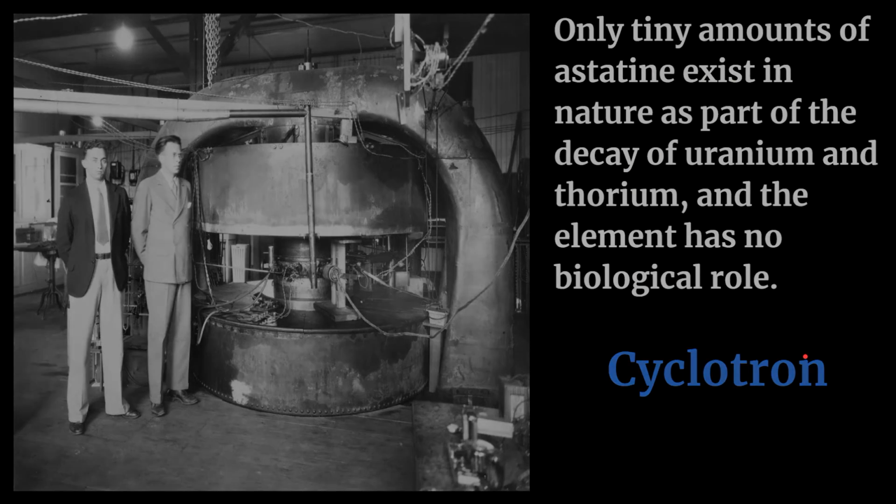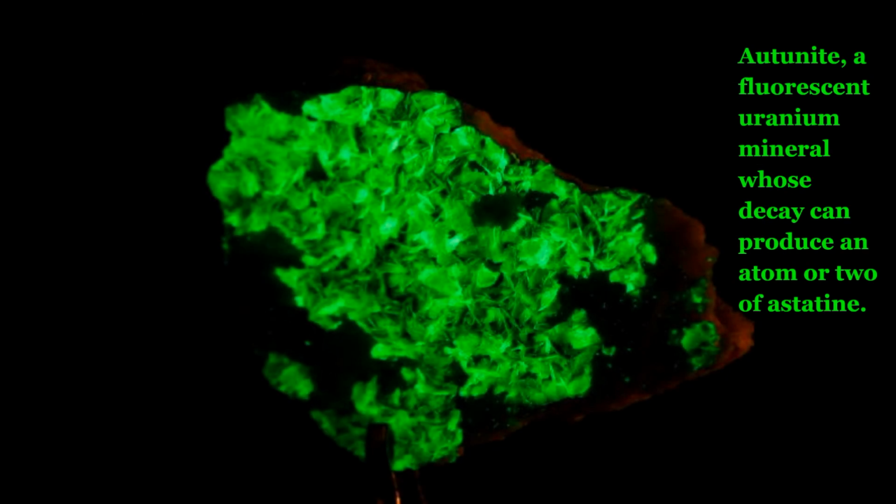So in the last section, you can see that this is autunite, a fluorescent uranium mineral whose decay can produce an atom or two of astatine. So you can guess how rare astatine is.